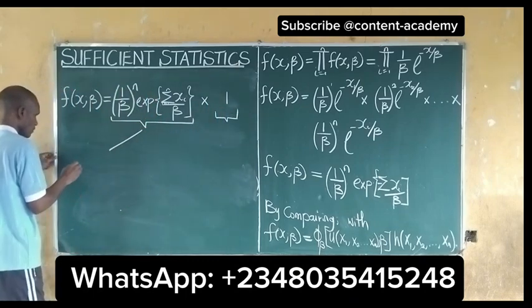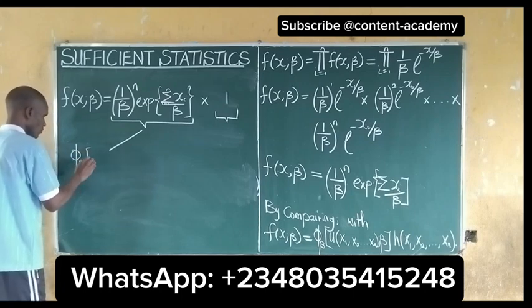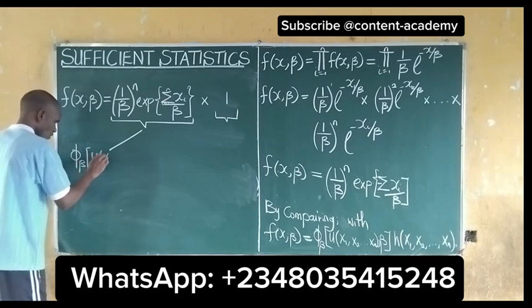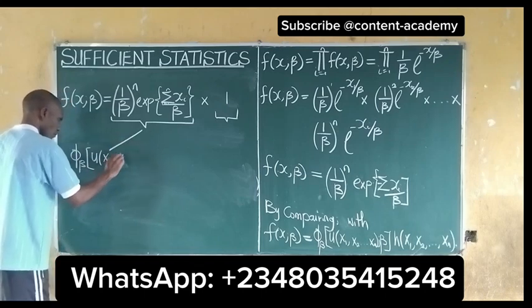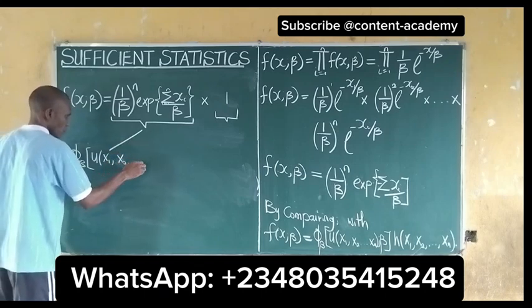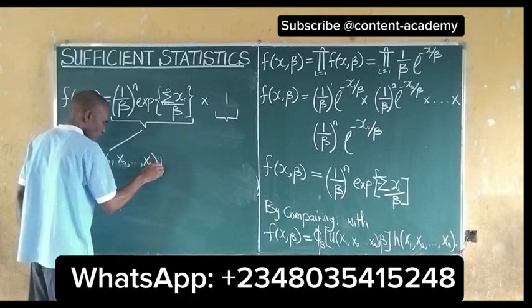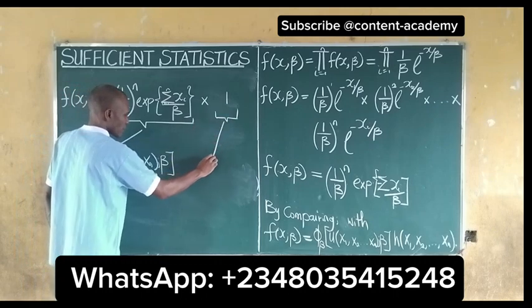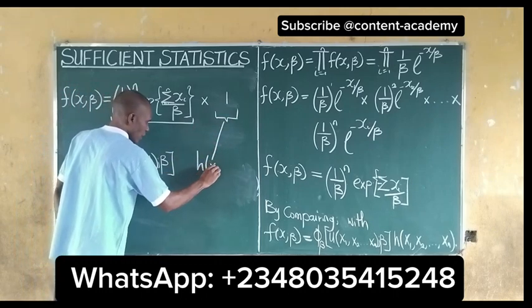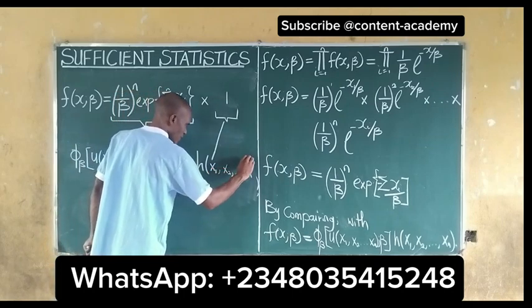This component gives phi of beta into u of x1, x2 to xn, this is the mean, and they also depend on beta, while this component gives h of x1, x2 to xn.